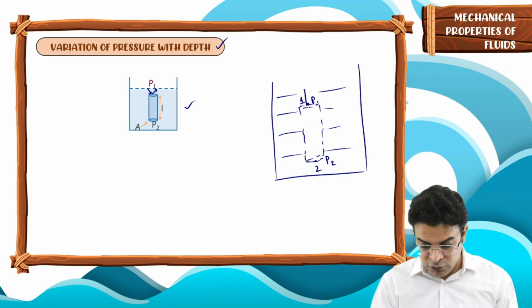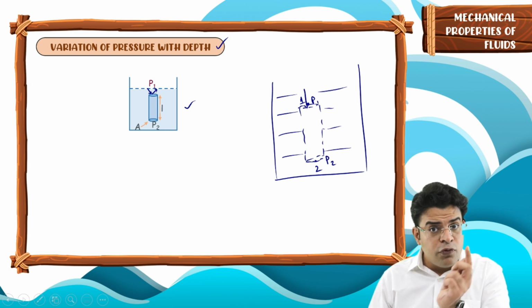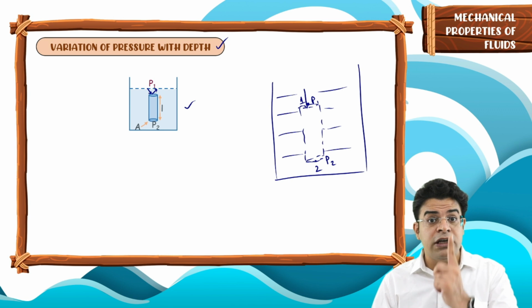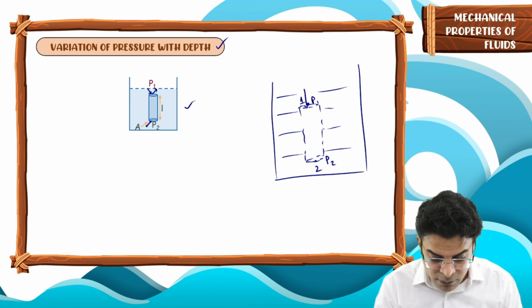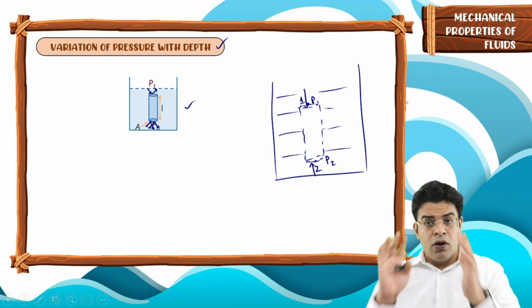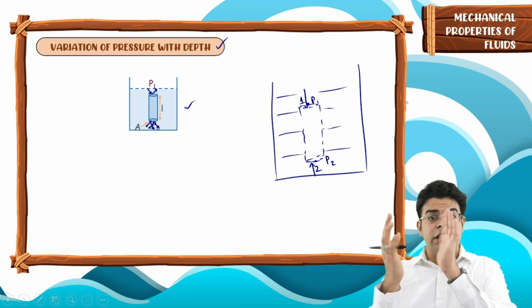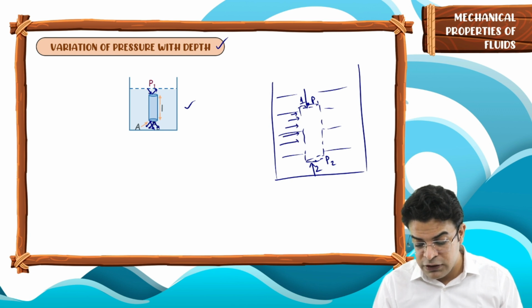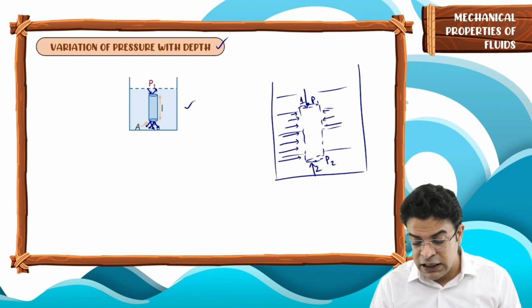Because of the fluid underneath this imaginary cylinder, there will be a force in upward direction because the fluid molecules will come, collide and bounce back, and in this process they will apply a force in the upward direction. And because of the fluid present on the side, there will be a force perpendicular to the surface, and this magnitude of force will keep on increasing as we move down because the pressure increases as we move down.